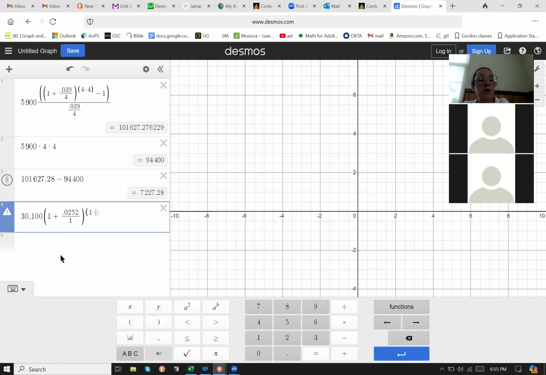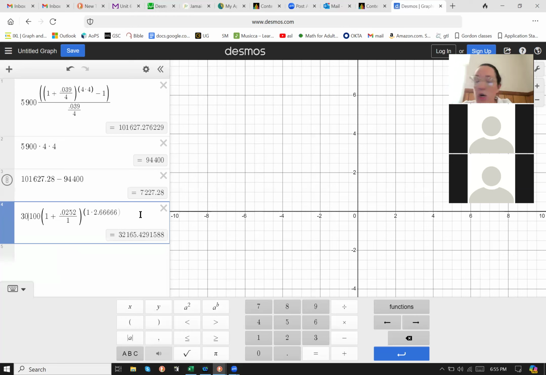So it's 2/3, that's gonna be 0.6 repeating, so 2.6 repeating. And they don't like the comma that I put in there. Okay. So that's giving us a future amount of $32,165.43.